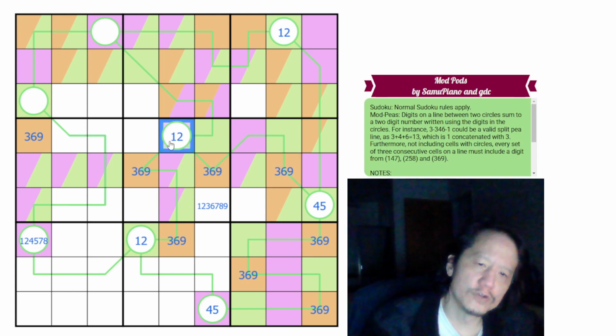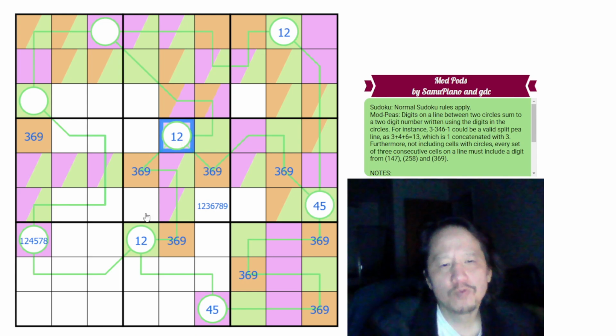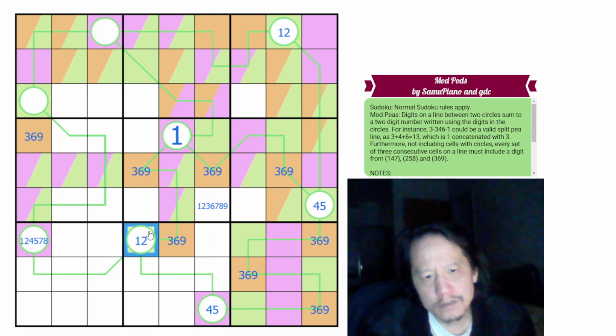So this is either 12 and 15, or it's 21 and 24. If it's 12 and 15, oh, that's interesting. So say this was then 1, 2.